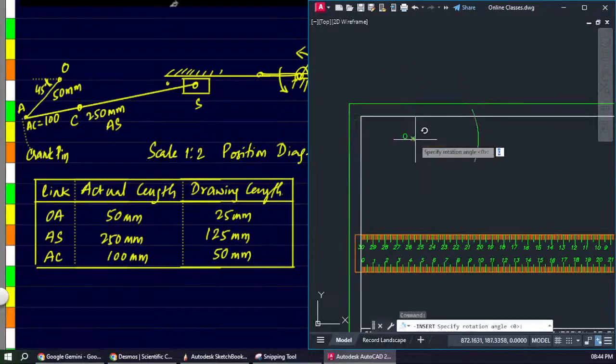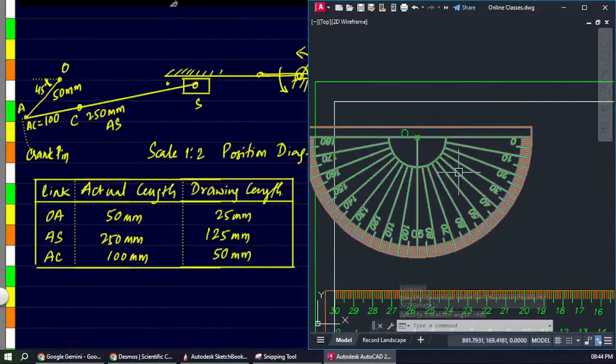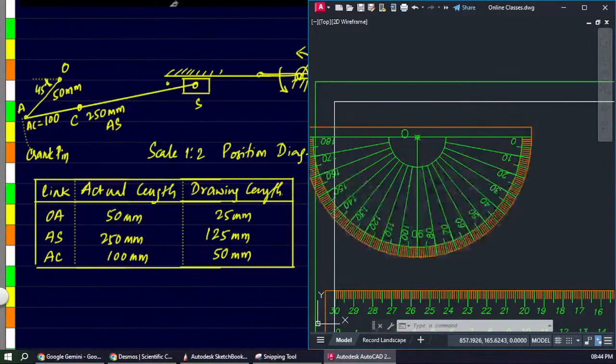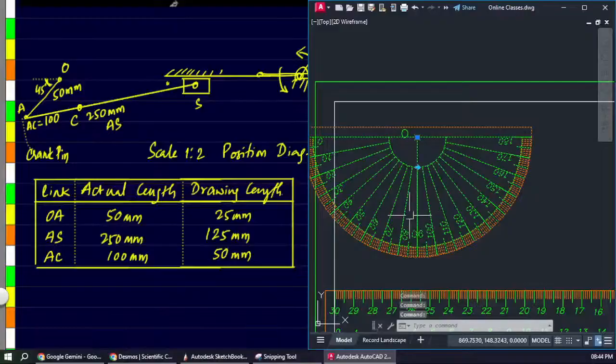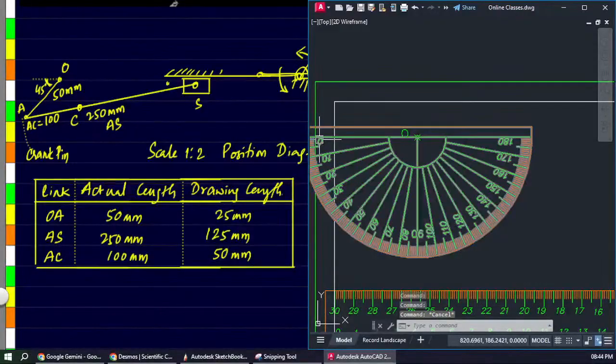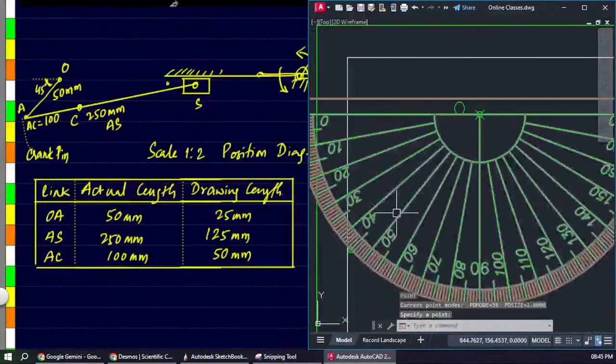We'll have to put it in reverse. First we draw a horizontal line and put our protractor like this, and the angle we need to measure from the left side. Your protractor will have measurements from both sides. For my virtual protractor, I have this flipping button with which I can flip it. So 0 degrees has to come on the left side. From here we'll measure the angle. So let's measure the angle as 45 degrees over here.